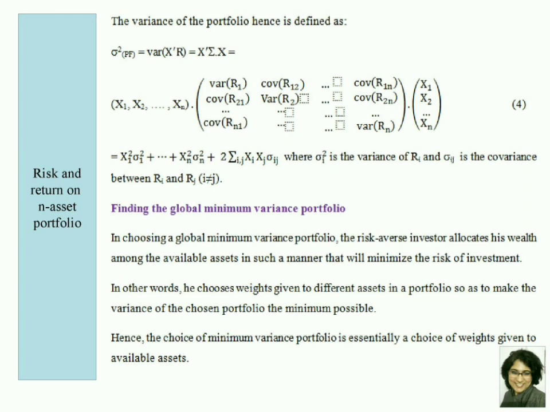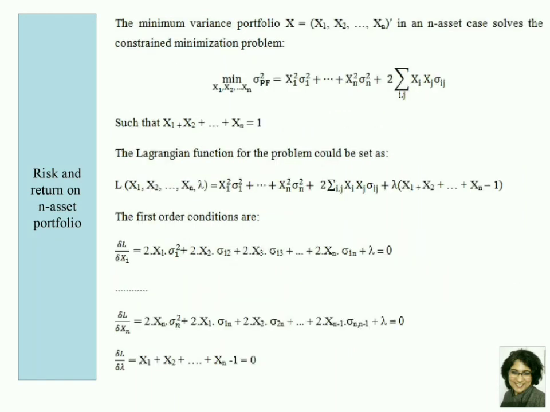So, the constraint minimization problem is given as minimizing sigma square PF, which is x1 square sigma 1 square plus etc. plus sigma n square xn square plus the covariance terms, subject to the constraint that the sum of all the weights should be equal to 1.